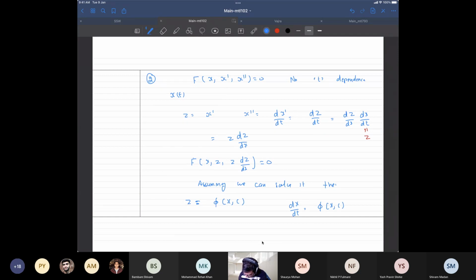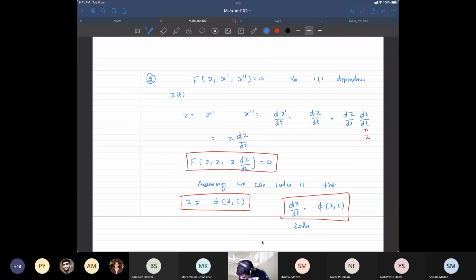So first you have to solve for z, and from there you need to solve another first order ODE. So we need to solve two first order ODEs.